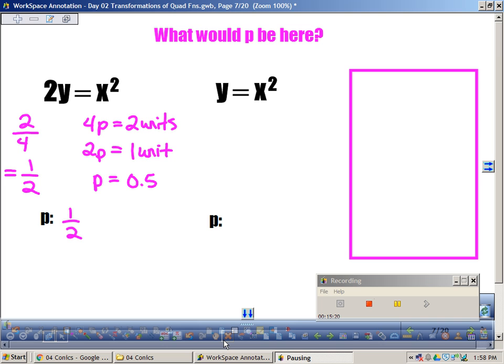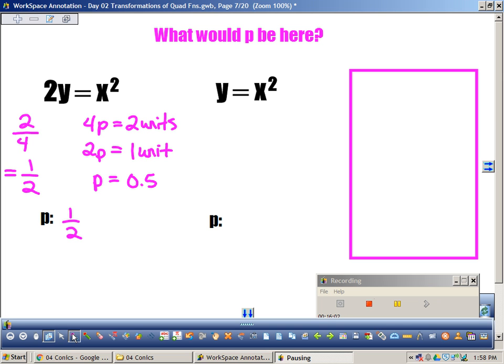In 5, 4, 3, 2, 1. Is there another brave soul that'd like to speak besides Philip? Oh, let's hear it, Dylan. Why is it 1/4, Dylan? Because you said so. Can you explain yourself, please? There's a 1 in front of the Y, which is very important. Then what? So if I divide by 4, it's 1/4. Perfect. Pretty simplistic. Let's do it in a different way.